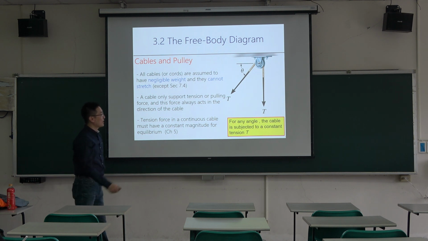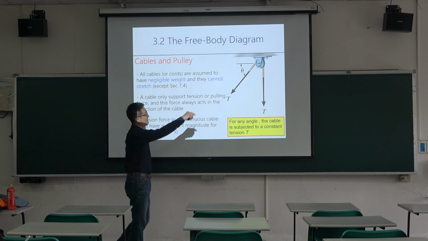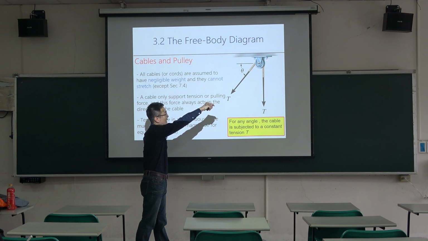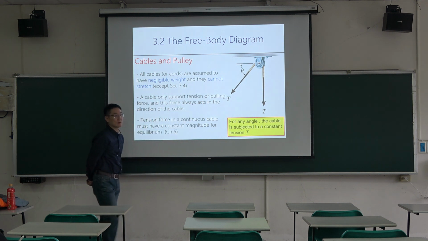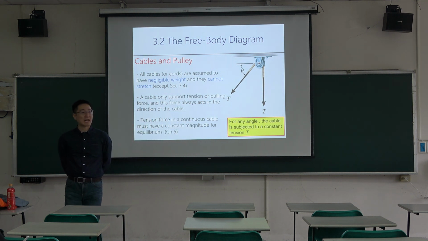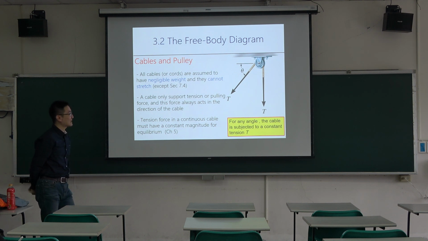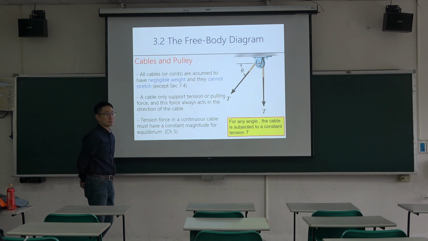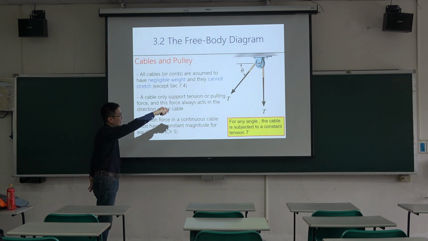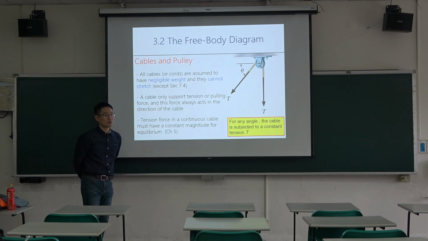Then we will also ignore the friction between the cable and the pulley, so there is no friction here. If no friction, the force will not be lost. That means for this cable, the magnitude on the two sides should be the same.